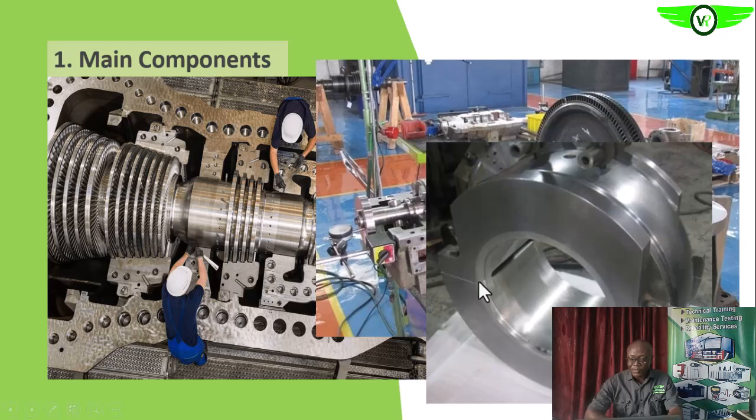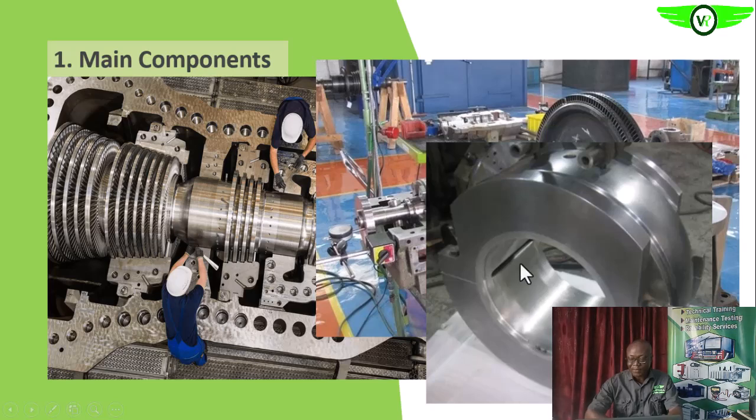So this is the bearing as we have discussed. This is one that is coupled on the ground. So this is the internal surface of the bearing that actually does the work.